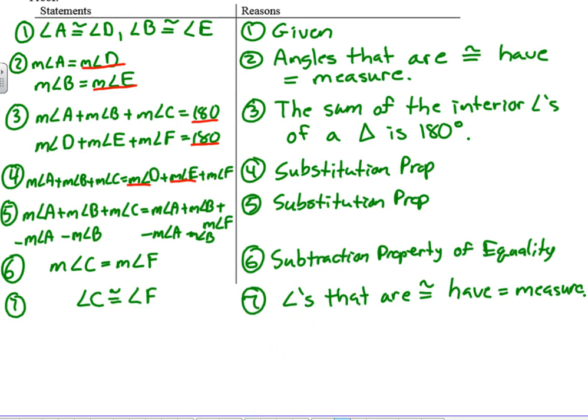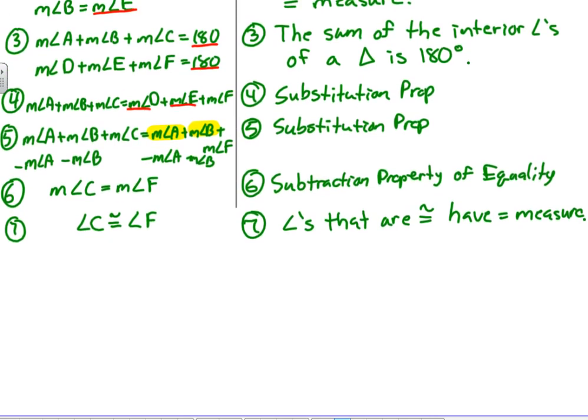Now we're replacing those with the measure of angle A and the measure of angle B. Okay, again, substitution property. Now, if we go ahead and we subtract from both sides the measure of angle A, those are going to cancel out. Measure of angle B, those are going to cancel out, and we're just left with the measure of angle C equals the measure of angle F.